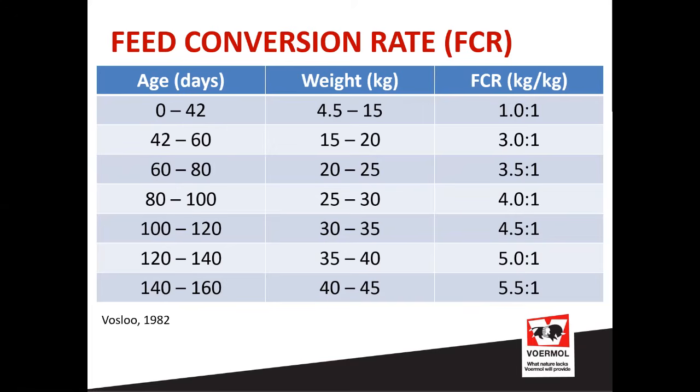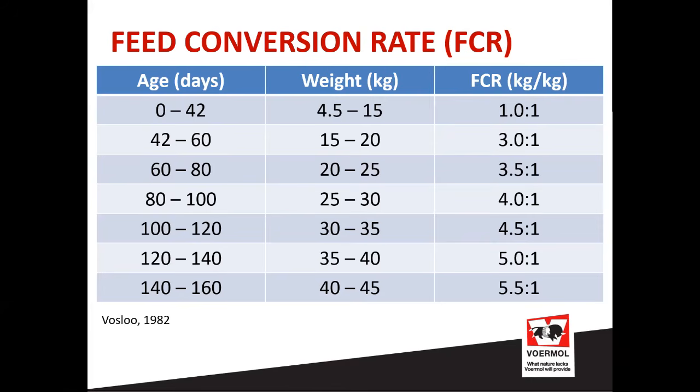So this is just research, where they measured the feed conversion rate of lambs from age groups of 0 to 42 days, and then moving up to ages of about 160 days. They've got an average weight for that group and a feed conversion.